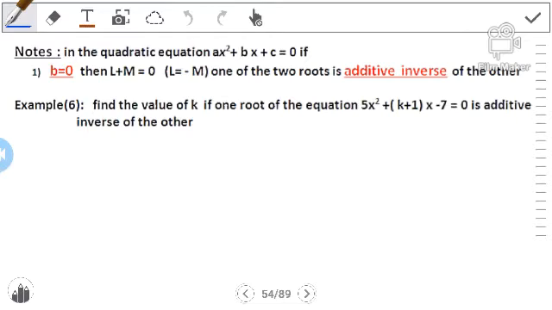Now there are some notes we use regarding the relation between the coefficients of a quadratic equation and its two roots.